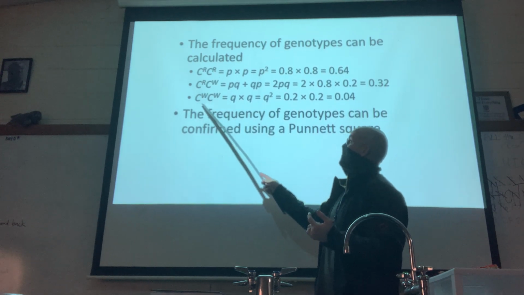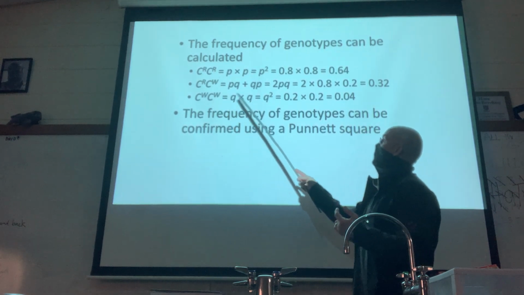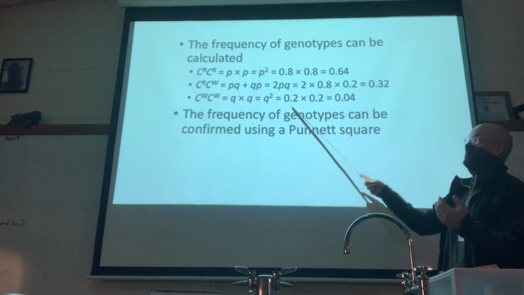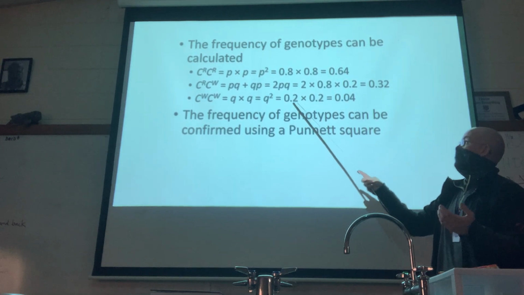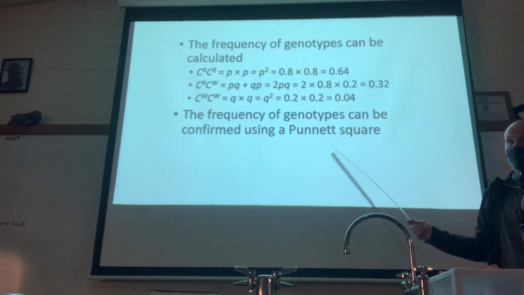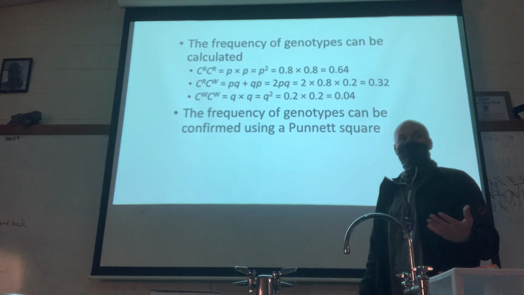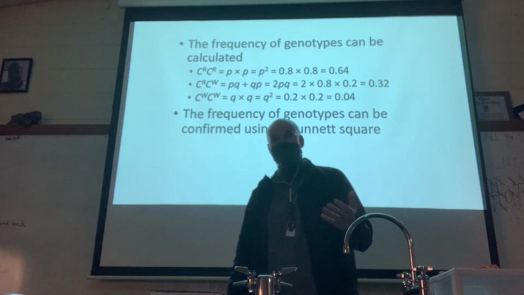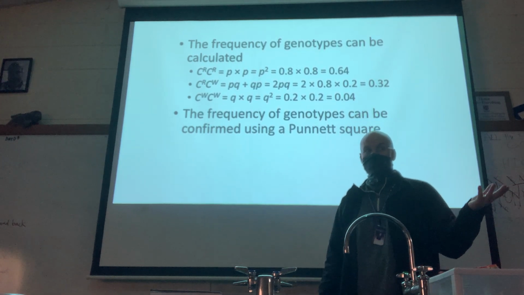Now let's look at the white flowers as opposed to the red. The white genes are 20% of the gene pool, or 0.2. If we square that 0.2, we get 0.04. 4% of this population, next generation, should be white flowers.